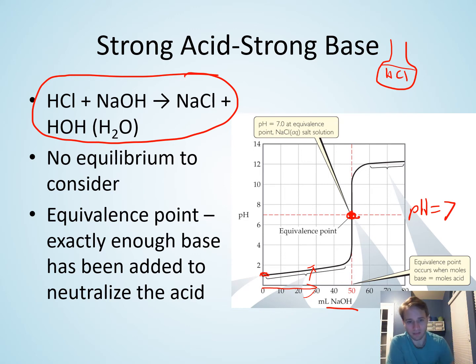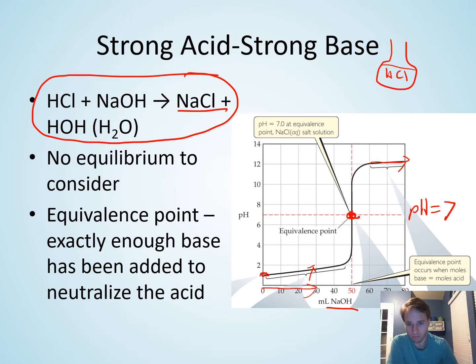They've all reacted to form a strong electrolyte, sodium chloride, which is a bunch of spectator ions, and water. So this is just formed salt water, which has a pH of 7. And then once I keep on adding my strong base past the equivalence point, I then start just diluting the concentration of the strong base and make this solution more and more basic.